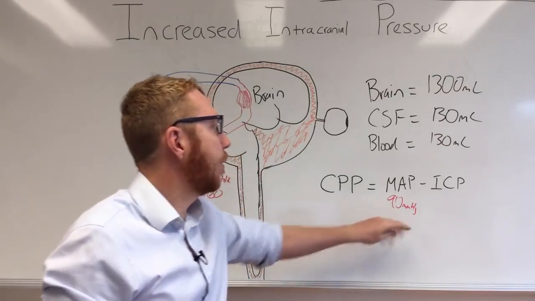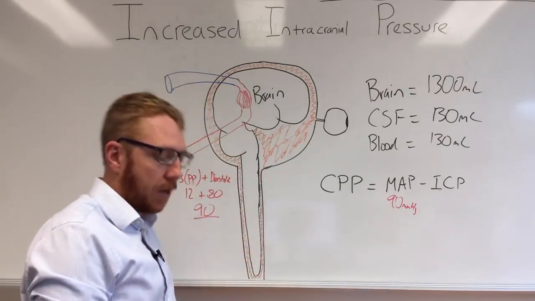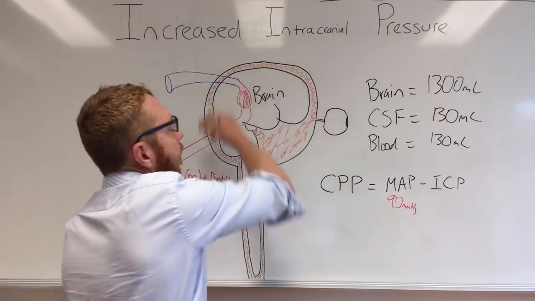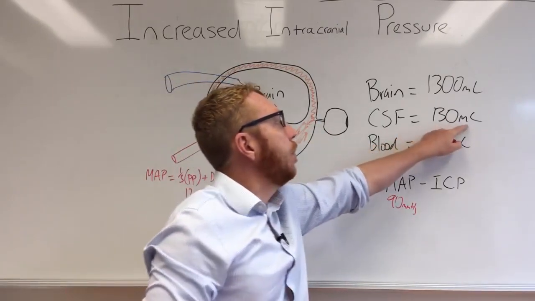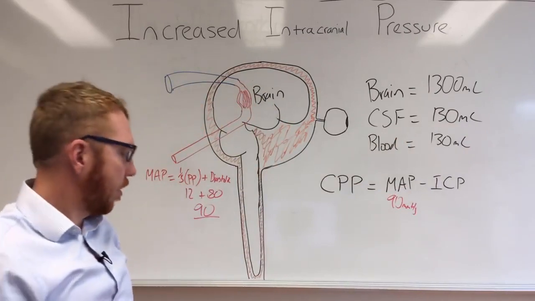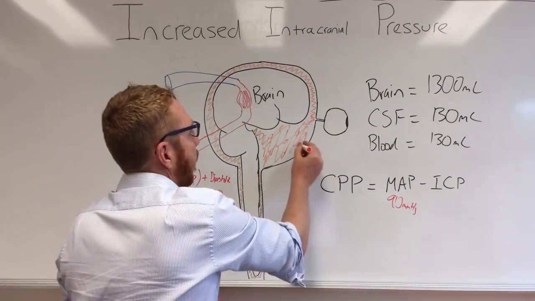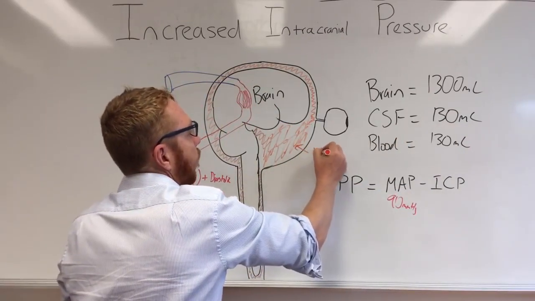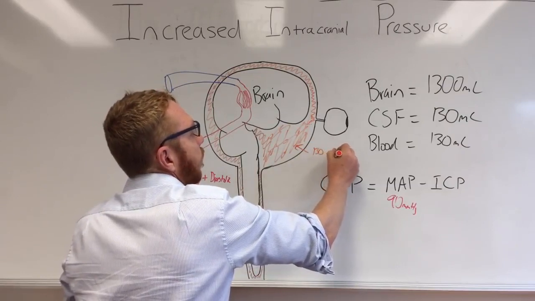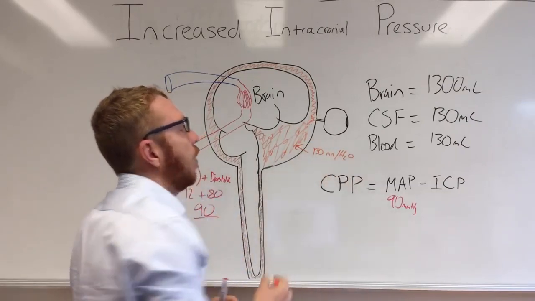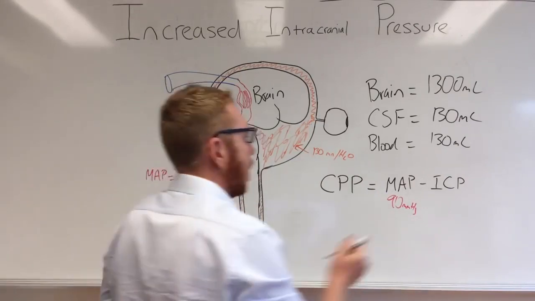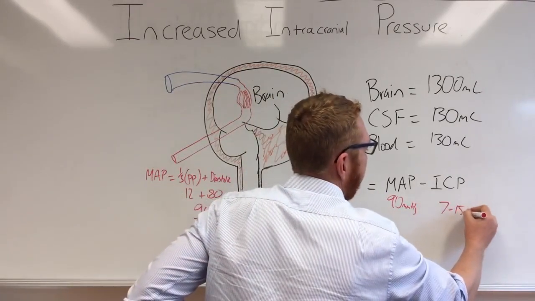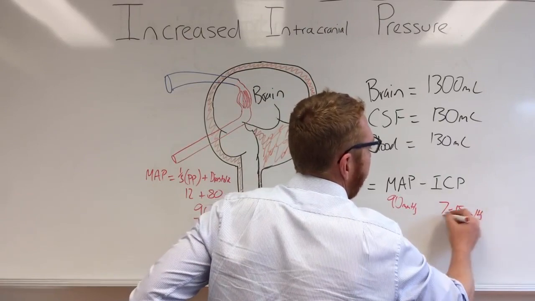In terms of intracranial pressure, this is the pressure out here in the CSF. Well, the easy way I remember it is 130 mils. If you were to put a gauge into here, the pressure would also be 130 millimeters, but of water. Now, when you translate that to millimeters of mercury, it's going to be about 7 to 15 millimeters of mercury.